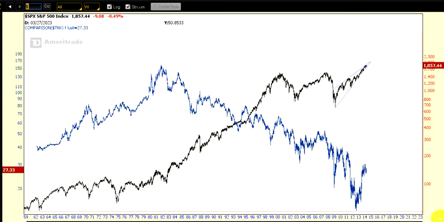Now, we can get off in the weeds here with these terms, but I want to make sure that people understand why these things are important and why we're at critical junctures in our lifetimes. At least that's my opinion, okay? Everybody has an opinion. We all know what people say about that.